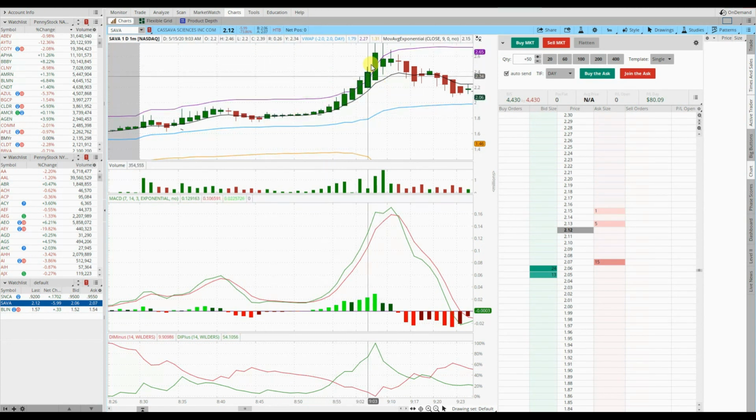But as you can see, when it actually started trending down to the point where it was breaking this uptrend, you can see it significantly broke below this line.